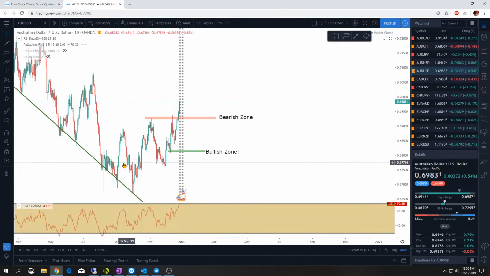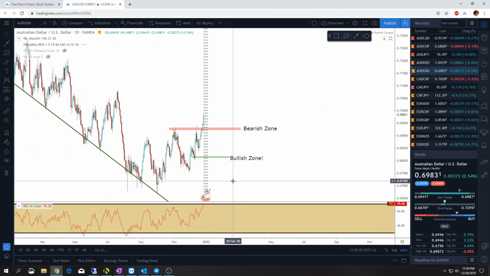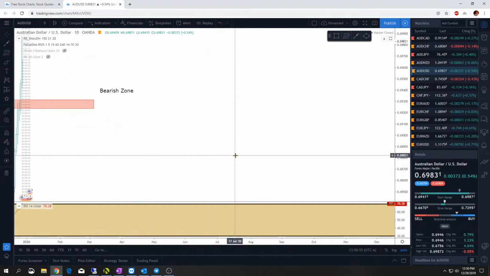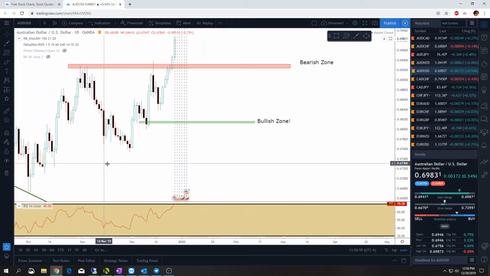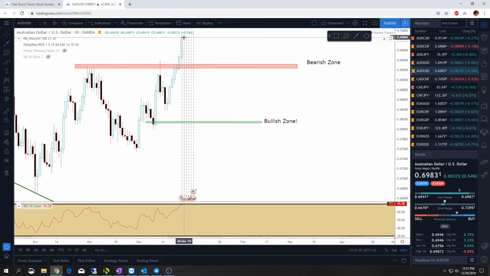Australian dollar, US dollar. Like I said, the US dollar weakened pretty heavily last week. Australian dollar strengthened, so it's no surprise this pair is just a rocket ship. But whenever I see this type of bullish move, I'm looking for a good pullback.